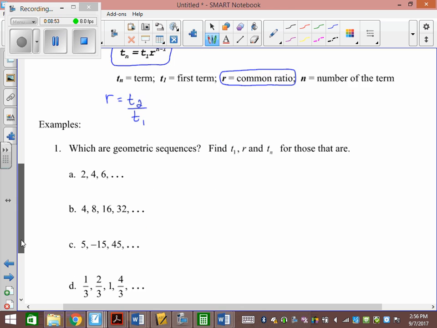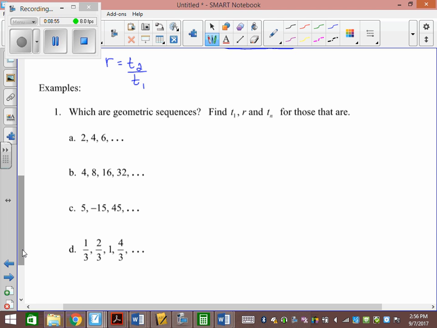All right. Which of these are geometric? So what we're going to do is you're going to do term 2 divided by term 1, term 3 divided by term 2. If they're the same, it's geometric. If they're not, it's not. So term 2 divided by term 1.